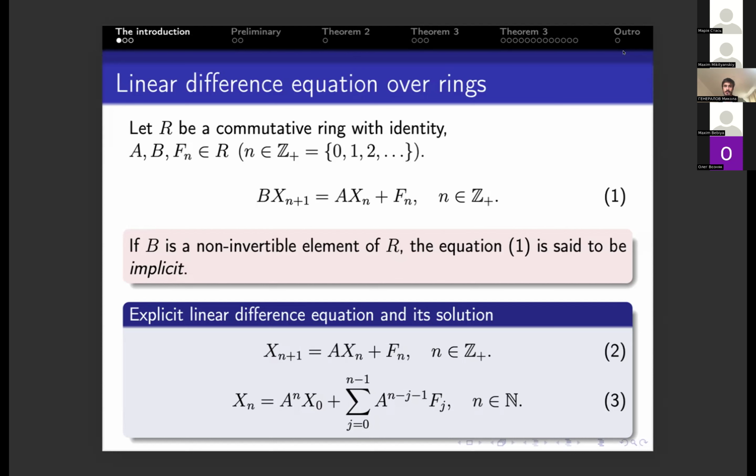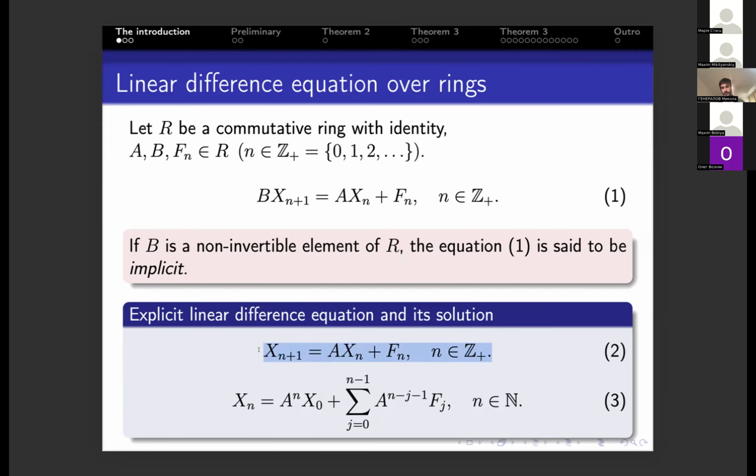Consider the linear difference equation 1 over the ring R. This equation is called implicit if b is a non-invertible element of the ring R, and it is said to be explicit otherwise.